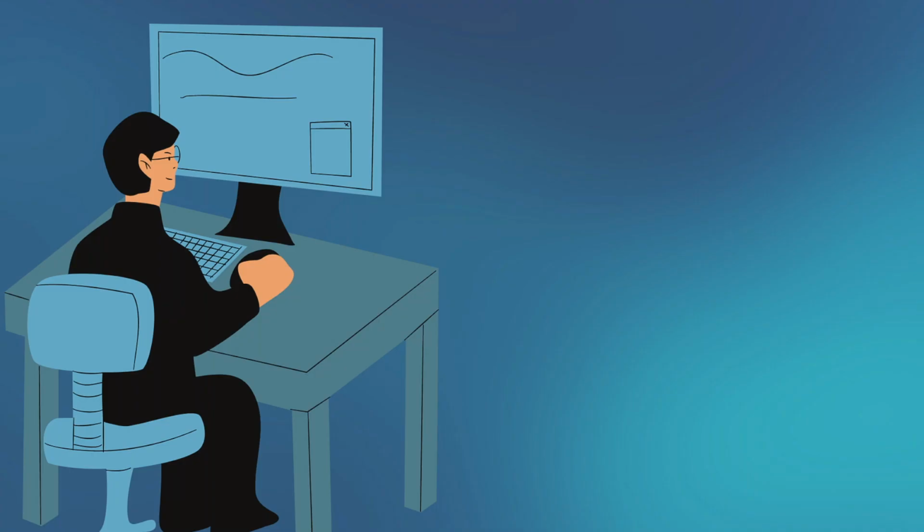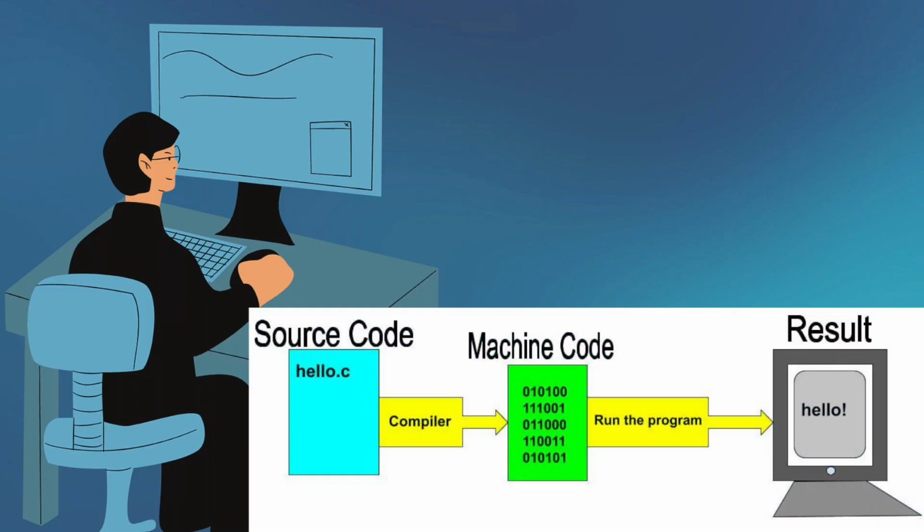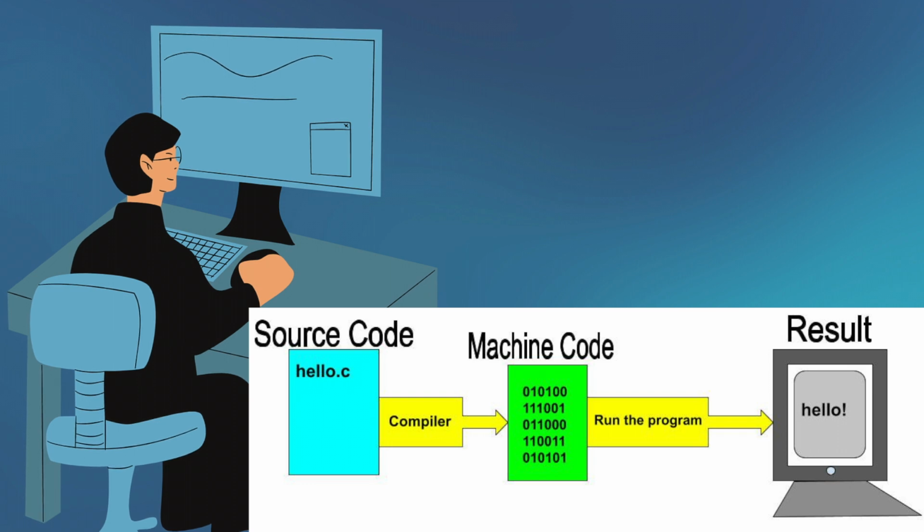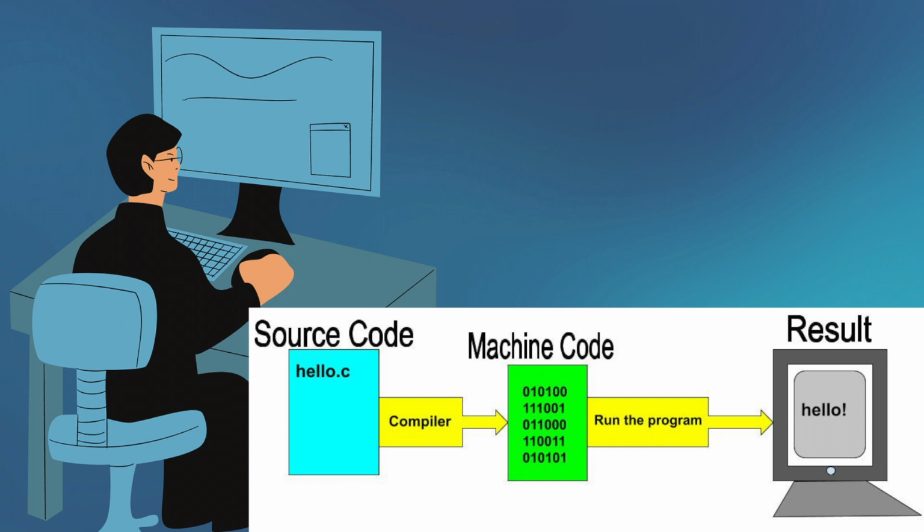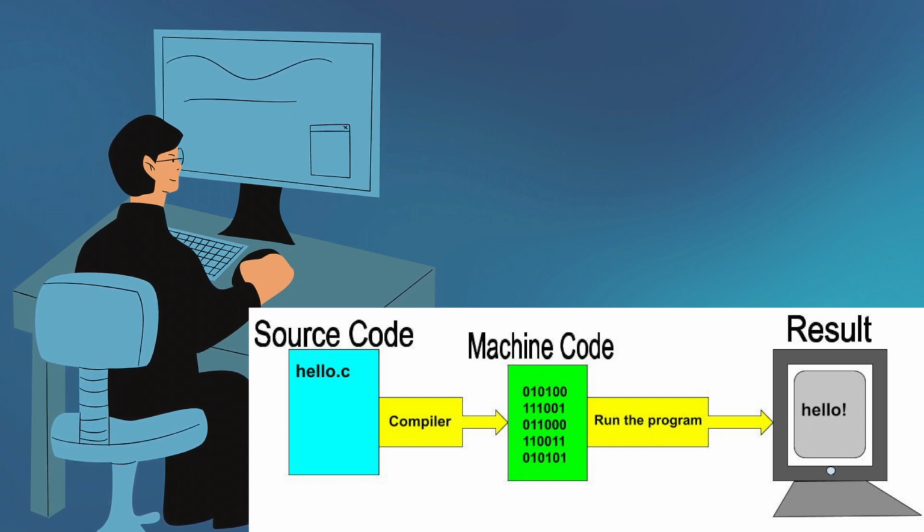Compiled languages are converted directly into machine code. As a result, they tend to be faster to execute than interpreted languages. They also give the developer more control over hardware aspects like memory management and CPU usage.